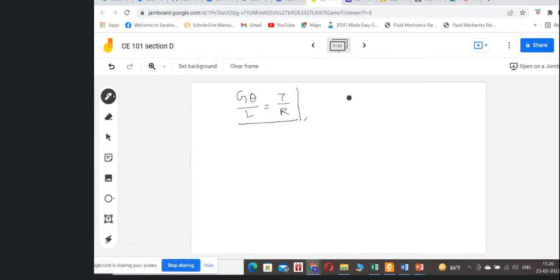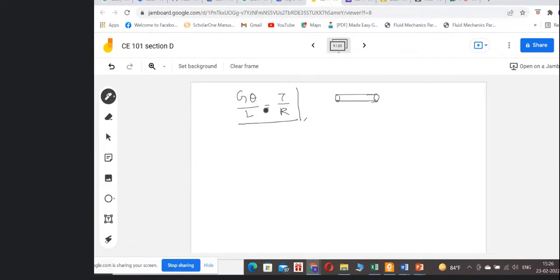Now the shaft can be considered to consist of an infinite number of elemental hollow shafts, one surrounding the other.